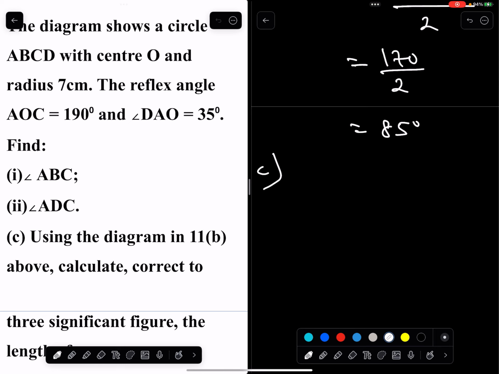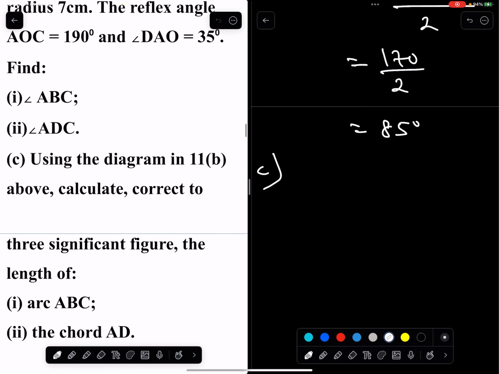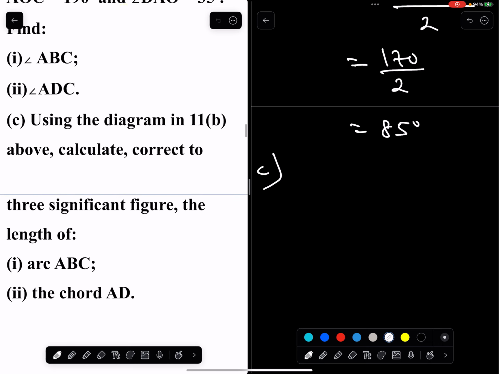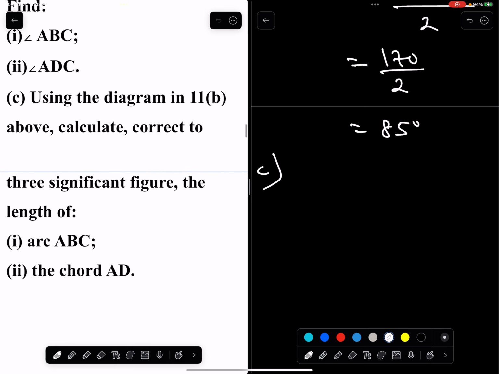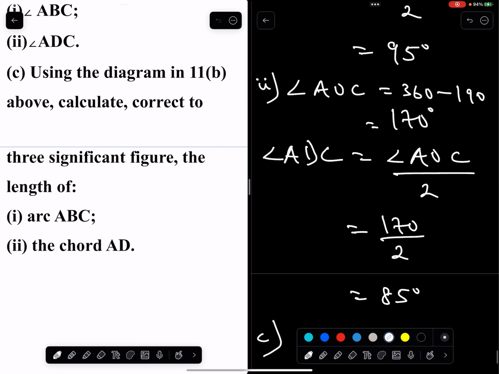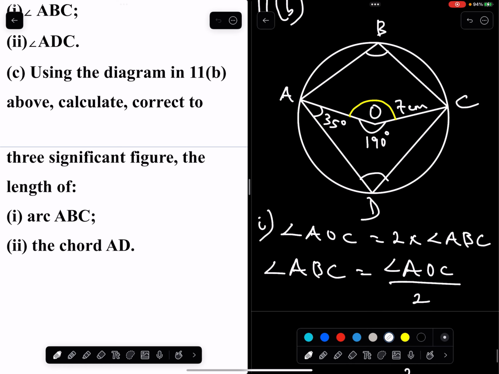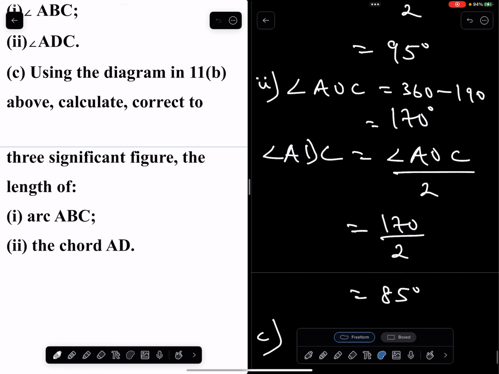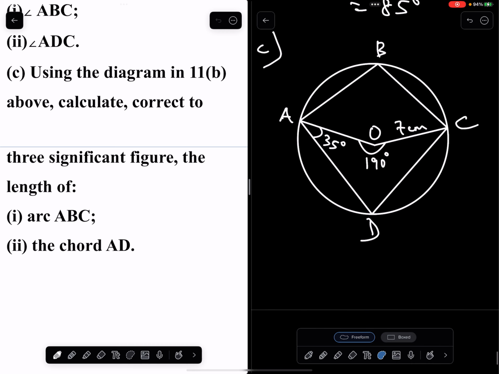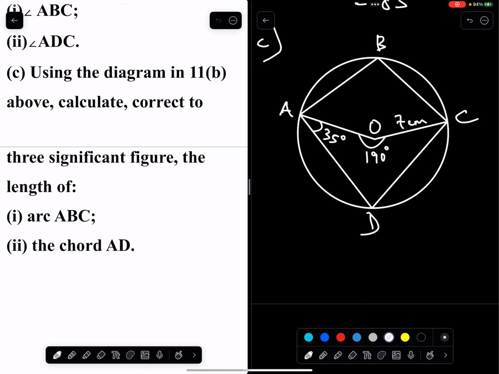Question C says, using the diagram in 11B above, calculate correct to 3 significant figures the length of arc ABC. Okay, the length of arc ABC. Let me even paste the diagram. That's the diagram. How do we find the length of arc ABC?